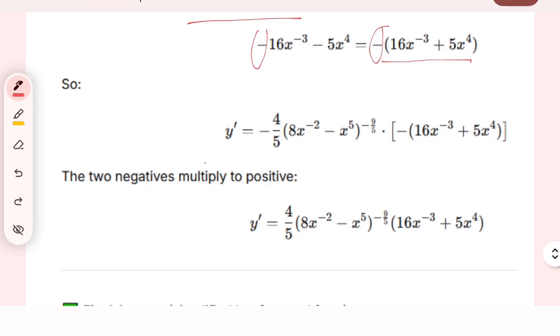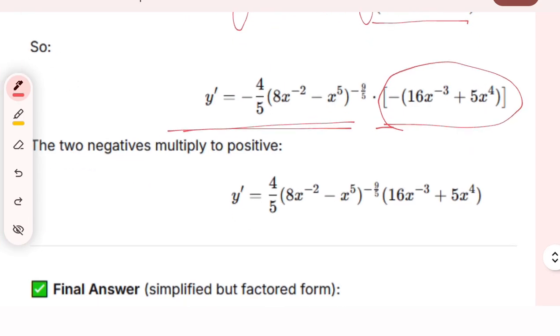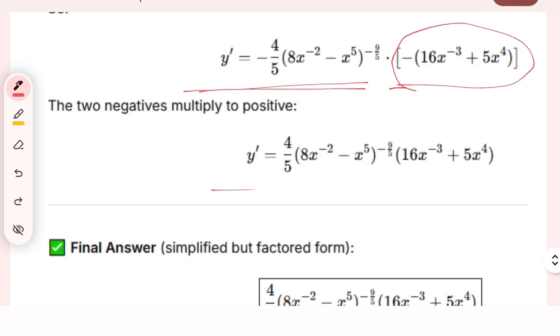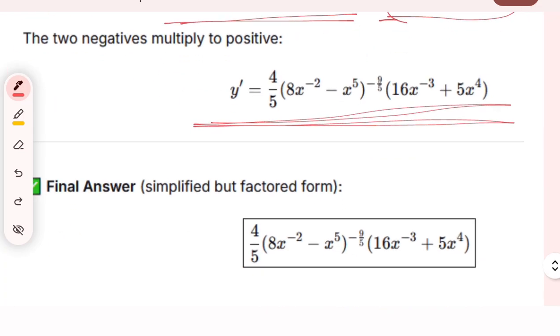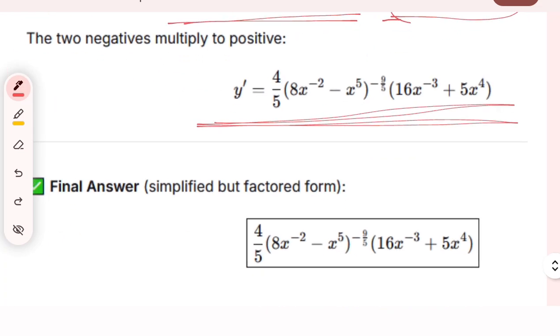So we put them back together. Look, we have negative 1 outside there, and this is from the outside function. So we have now this one. Can you multiply them? Can you factor them out? If you cannot factor them out, then that would be your final answer.